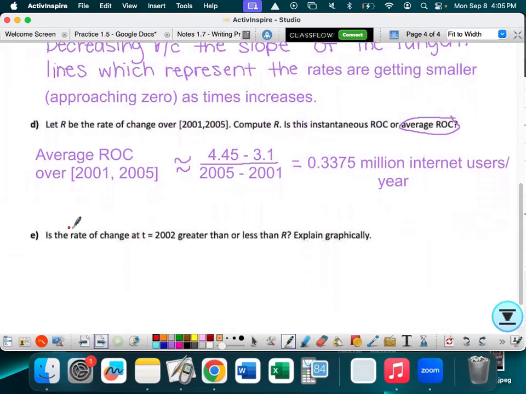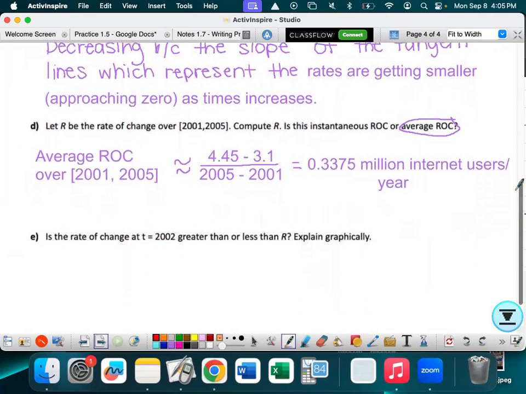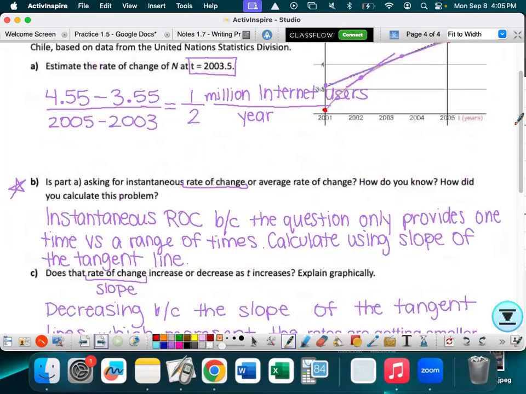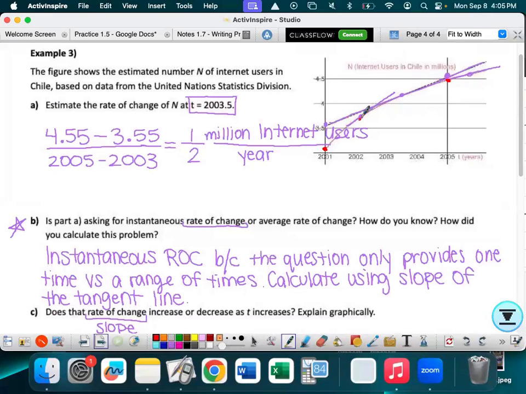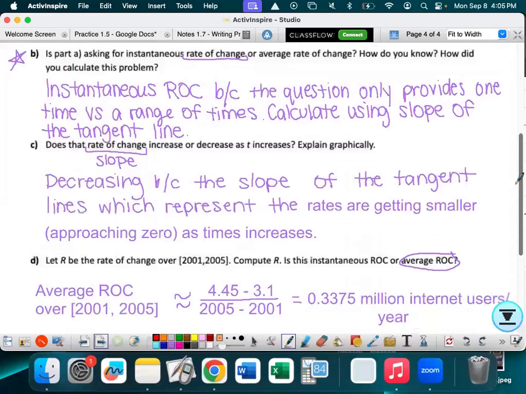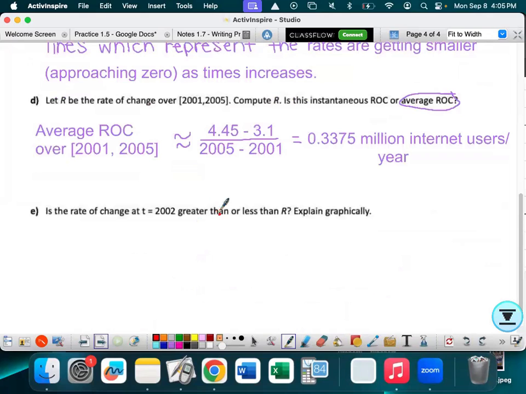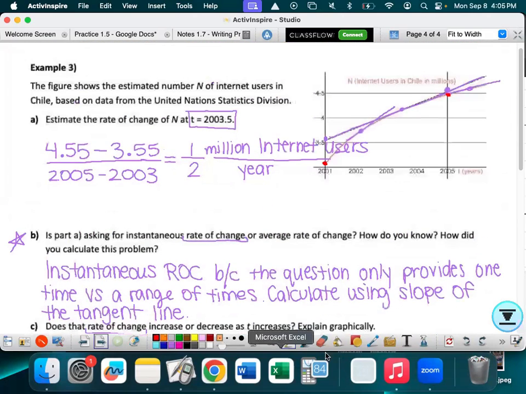And then lastly, it says, is the rate of change at 2002, so instantaneous, greater than or less than R? In fact, the visual for that would be drawing a tangent line here. So let's think about visualizing the tangent line here, and then R is average, so we want to look at the secant line there. So I'm going to have to erase some stuff from my graph.